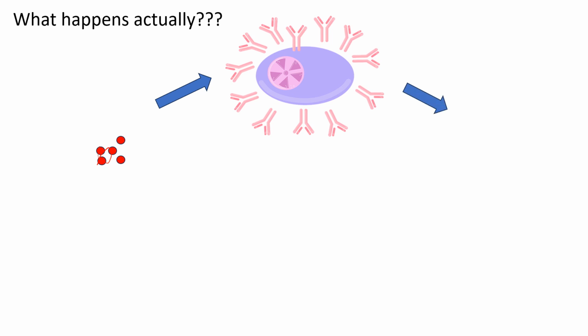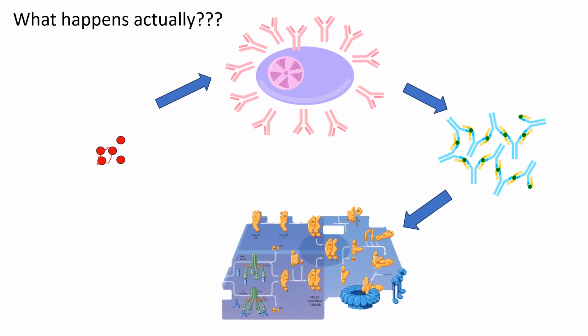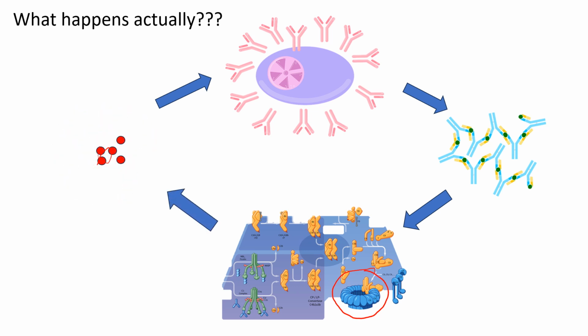This leads to the formation of antigen-antibody complexes, and these complexes lead to the activation of the complement system, especially the membrane attack complex, and this further leads to disintegration of the cells, cell damage, and further tissue damage. So the cycle continues on and on.